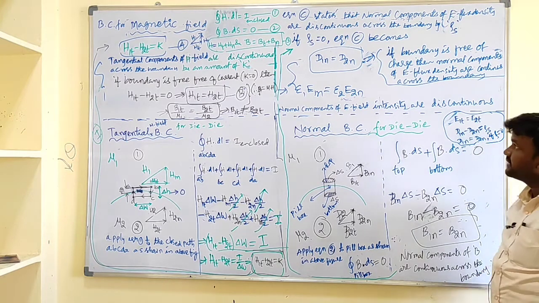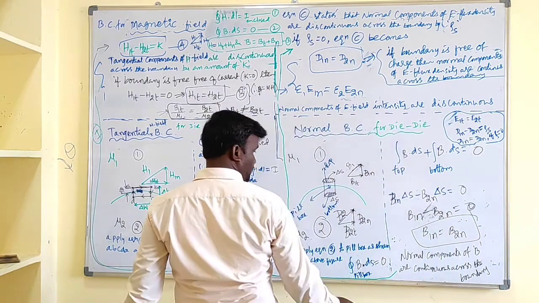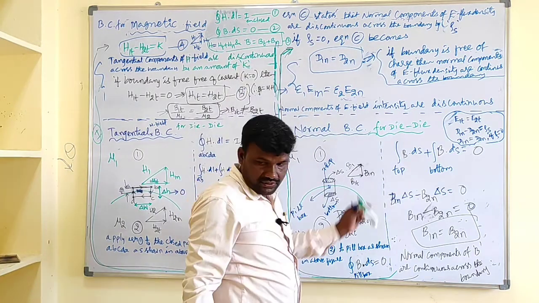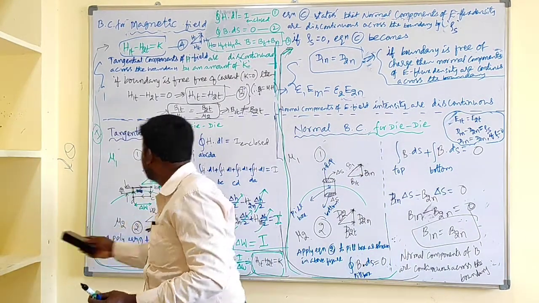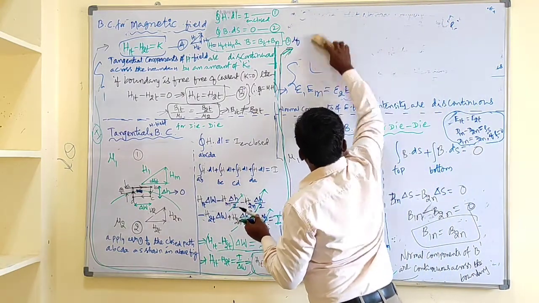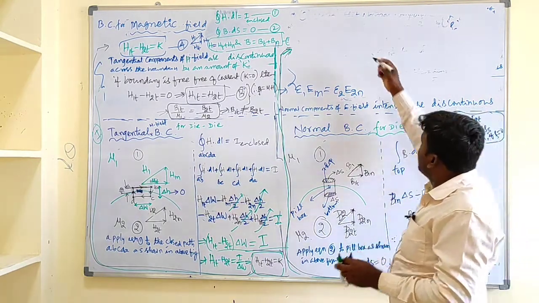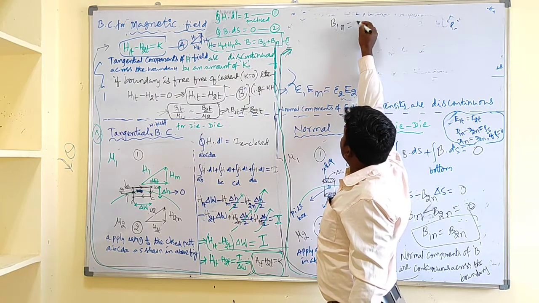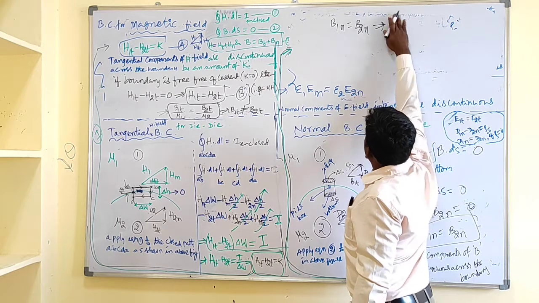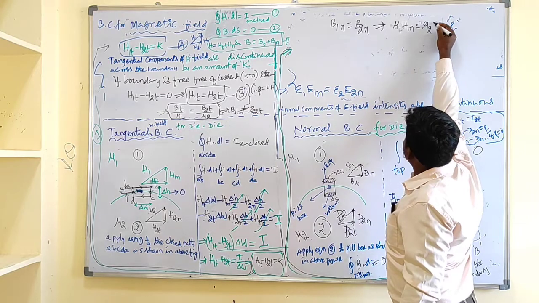No need to consider that part, that is free of charge. We have B1n equal to B2n. It implies mu1 into H1n equals mu2 into H2n.